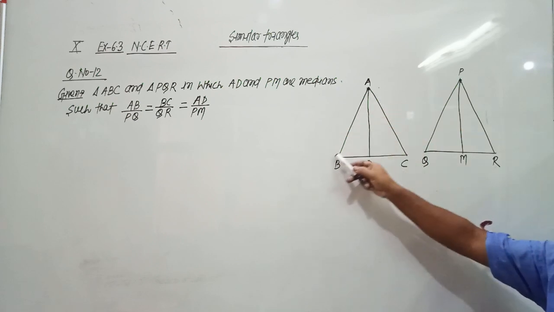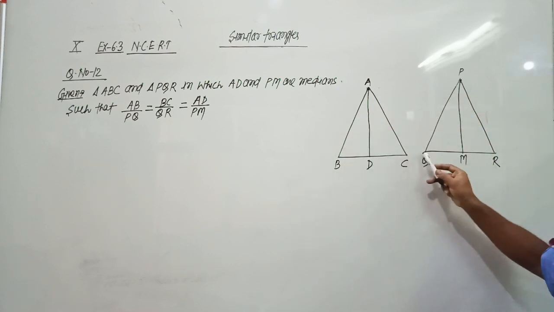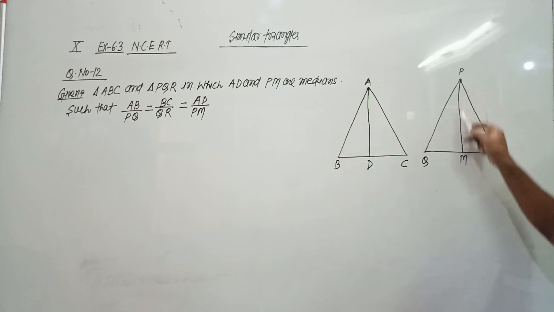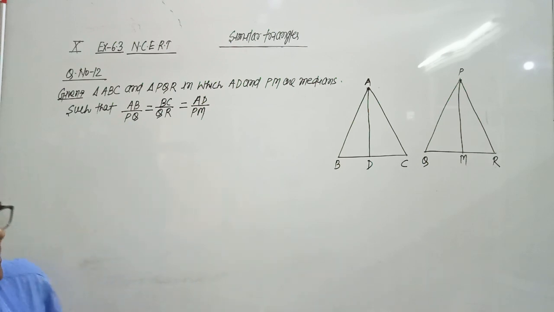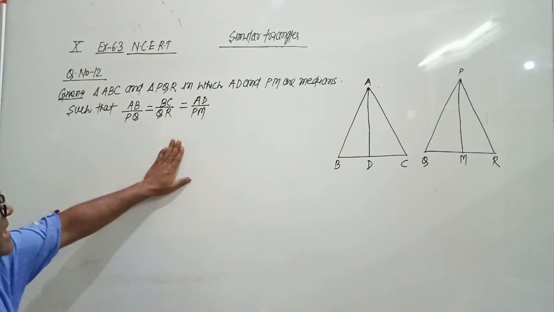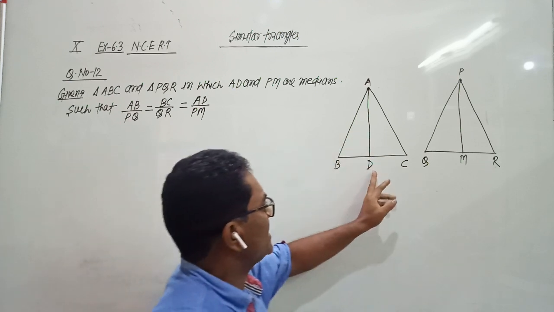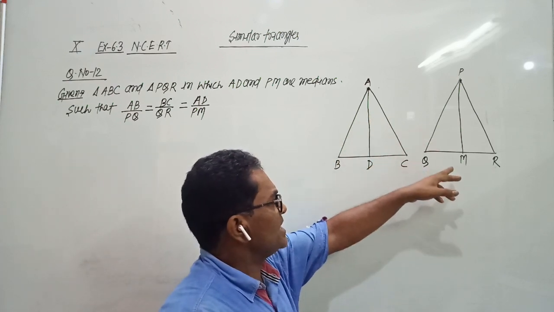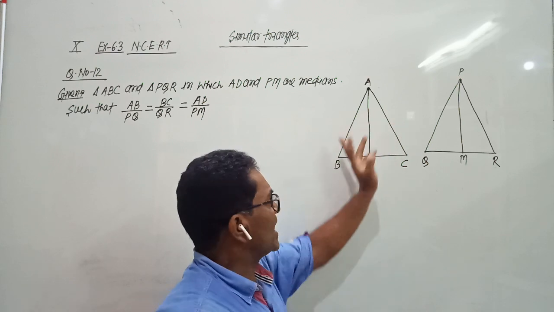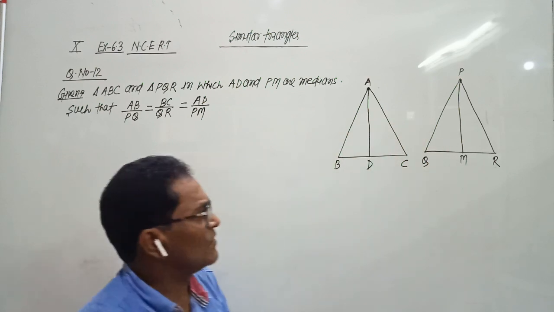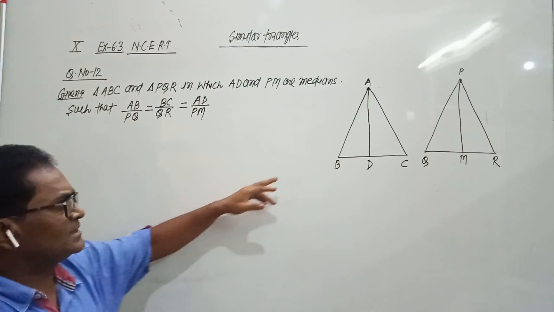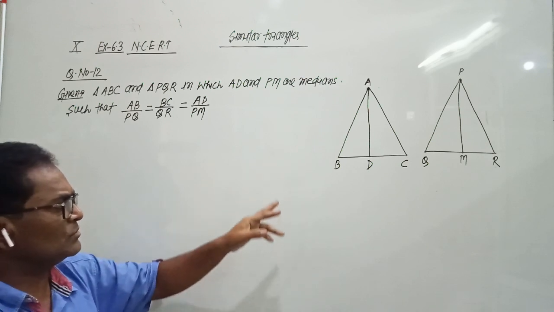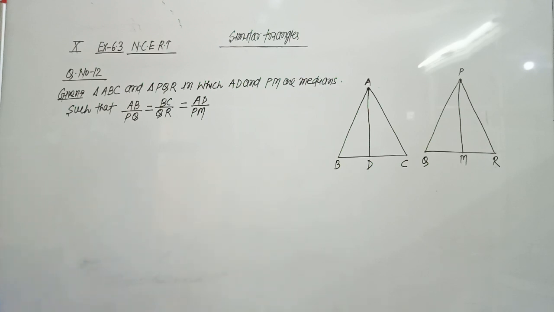Means AB upon PQ equals BC upon QR equals AD upon PM. These sides are proportional.